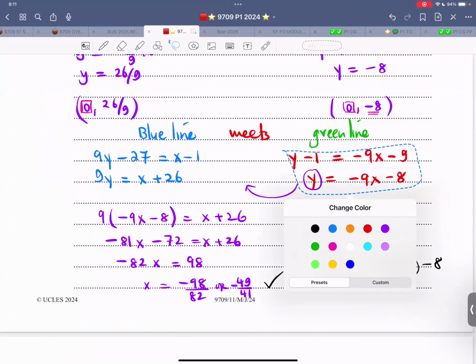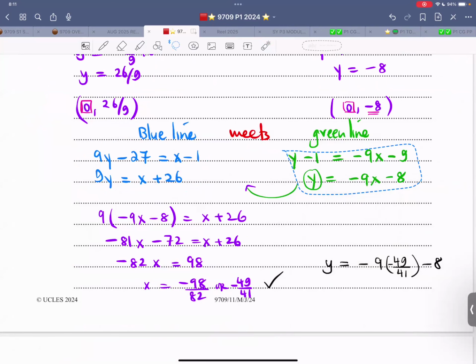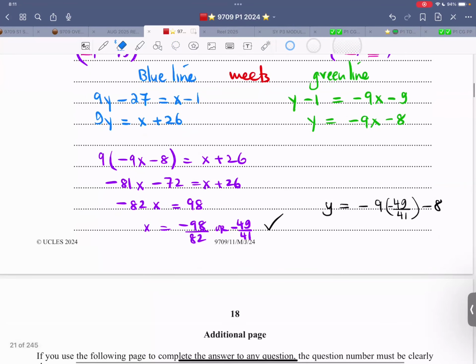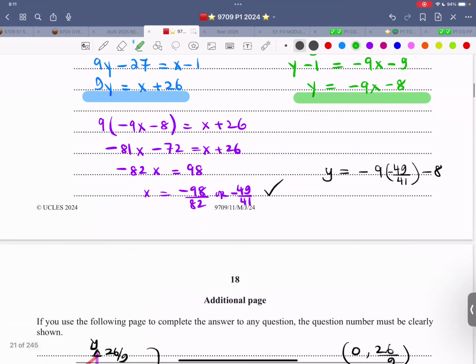Let me change the color to green. And over here, these are the two lines that you have. Got it? This one over here, that is the blue line. That is the green line. You solve simultaneously.